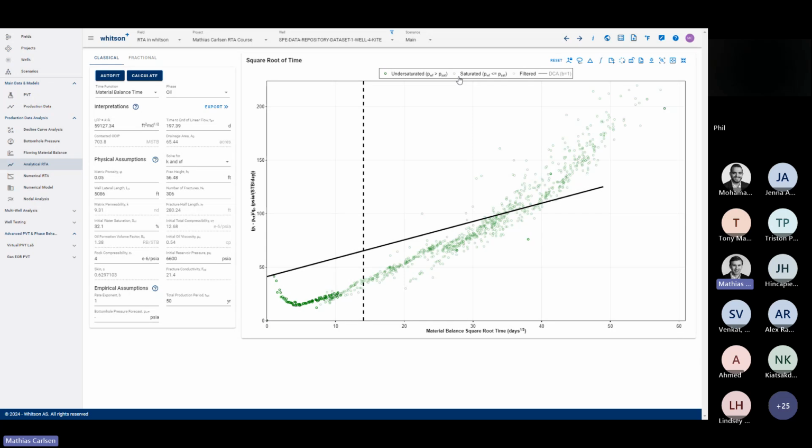So at this point, we would ask, is this actually a true boundary? Is it multi-phase effects? Is this something else? That's why we have this toggle here to evaluate that, or at least at that point you should be suspicious or careful. What are we actually seeing for this particular well? Is it a true boundary, or is it just an artifact of superposition and multi-phase flow?